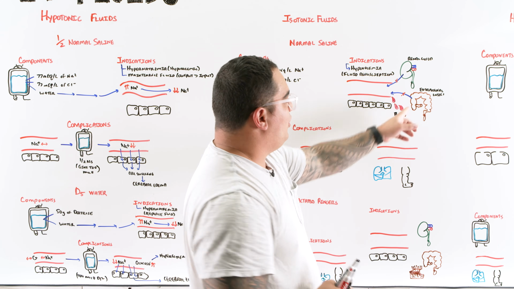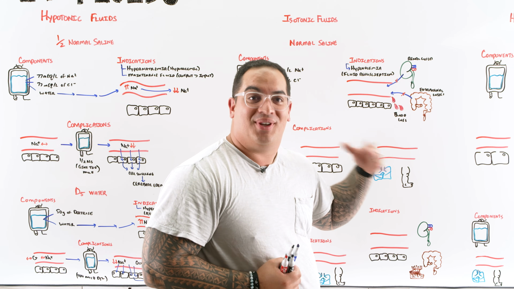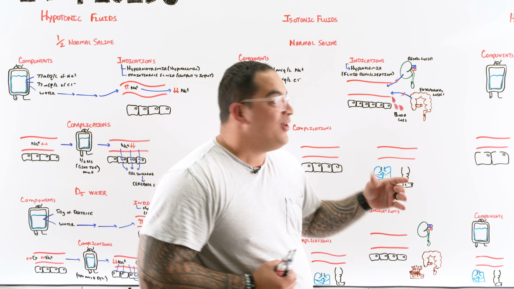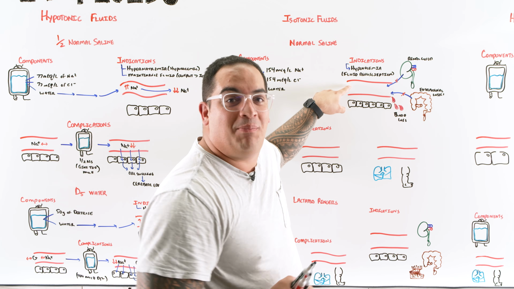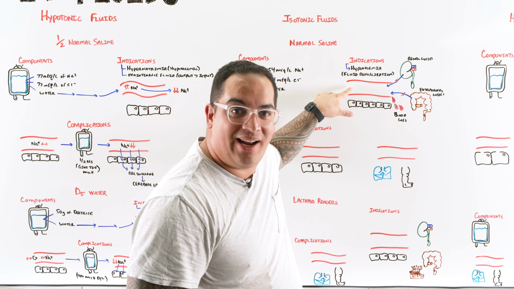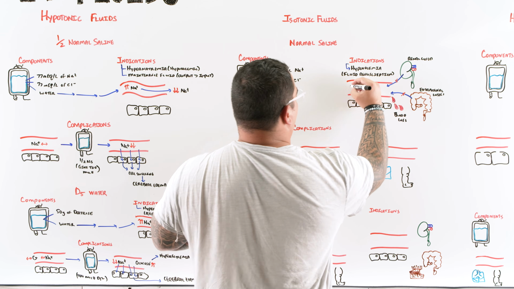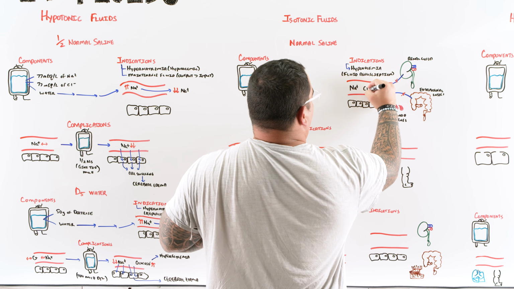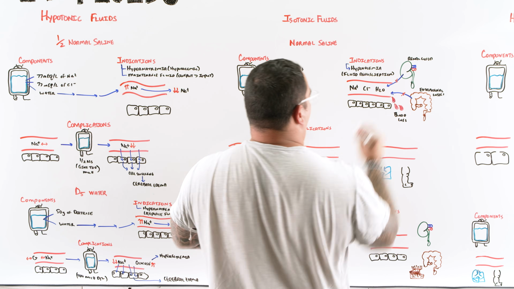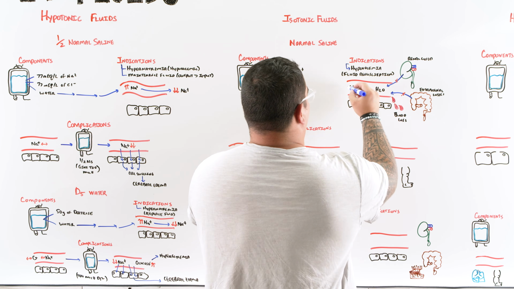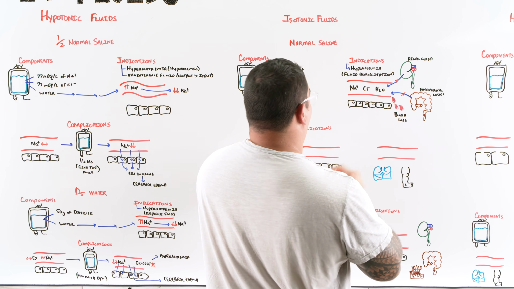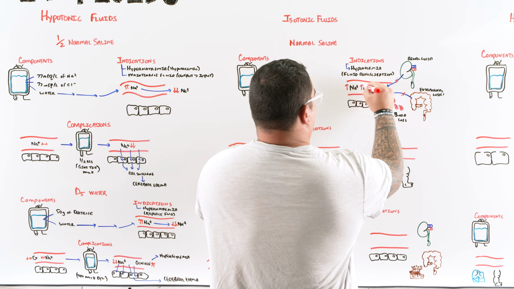Either way, when you look at the fluids that you're losing, it's usually sodium, chloride, and water. All I'm going to do is replace their sodium, replace their chloride, and replace their water. So all I'm going to do is give them back sodium, give them back chloride, and give them back water. And by doing that, I'm going to fill up their vascular space.